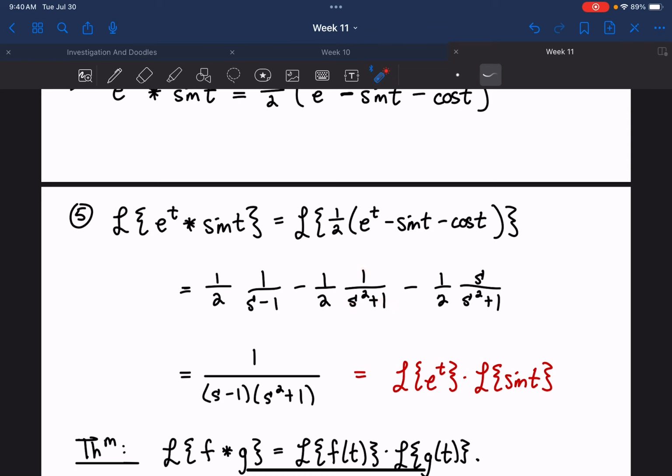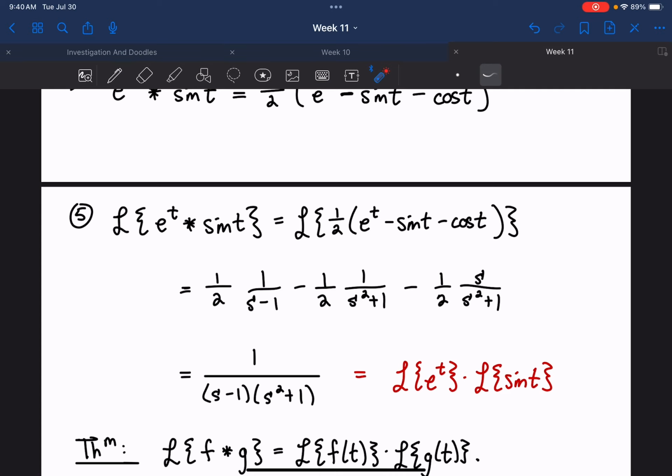Now if we clean this up, we can combine all these things together to be 1 over (s minus 1) times (s squared plus 1). And this looks like 1 over s minus 1 times 1 over s squared plus 1, which is the Laplace transform of e to the t multiplied by the Laplace transform of sine t, right? This is true in general.